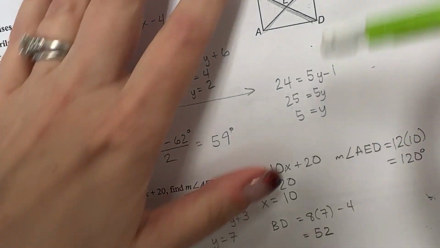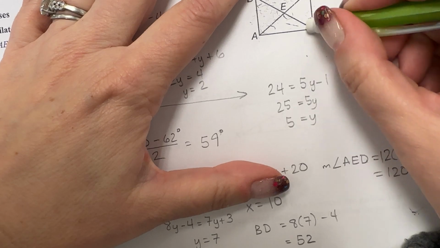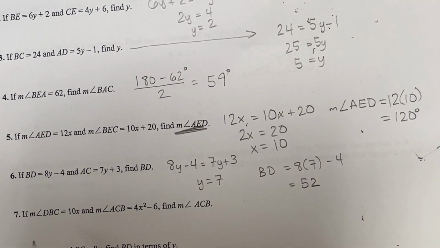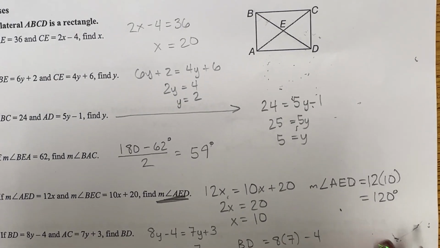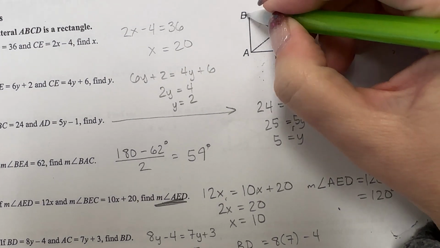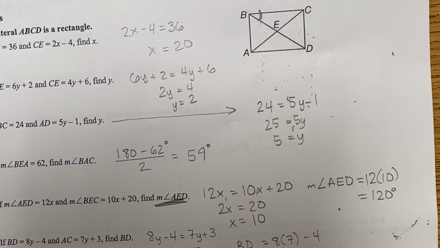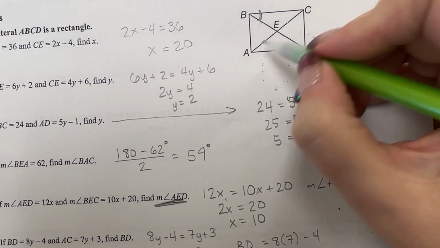Let me go up here and erase my picture just a couple more times, and we're all done with our notes. It wants angle DBC, and I'll show you my work in just a moment. So we're talking about this angle right there and angle ACB.